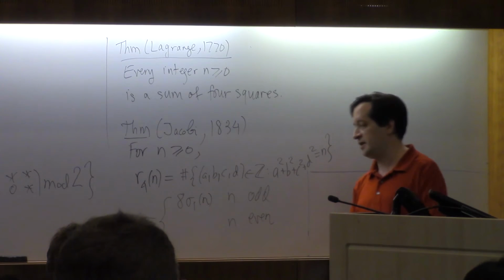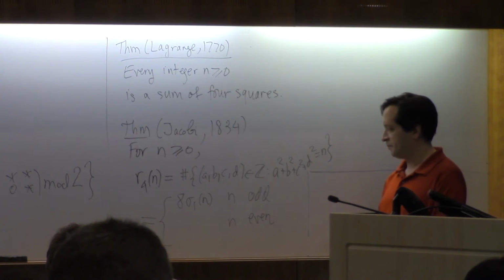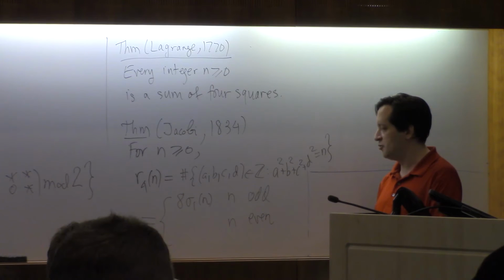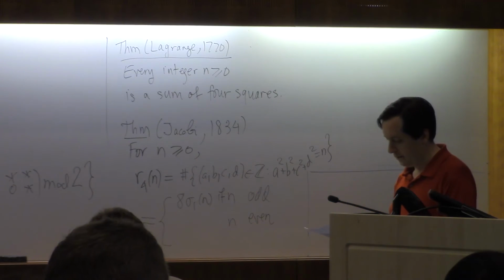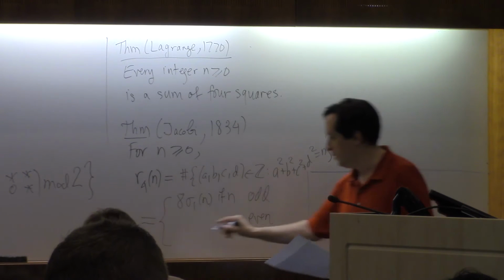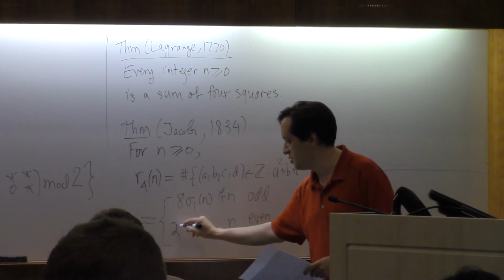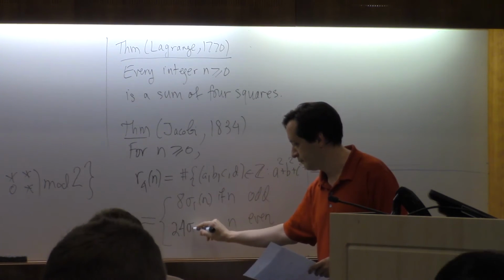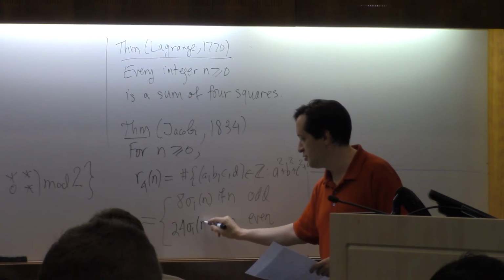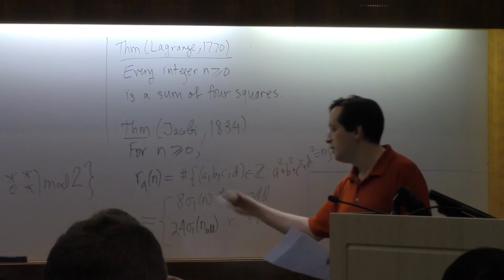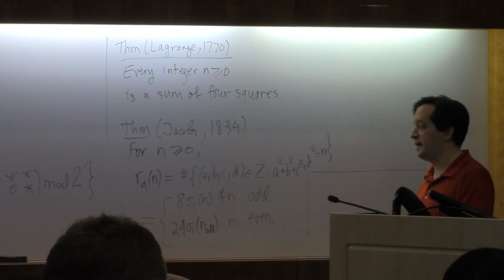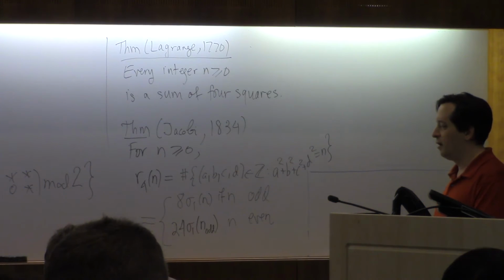That's the number of representations of an integer as a sum of 4 squares. And if n is even, the number of representations is 24 times the sum of the divisors, not of n, but of what I'll call n odd, the odd part of n. Just divide out the power of 2 in n, and what's left is called n odd. And so that's what we get.